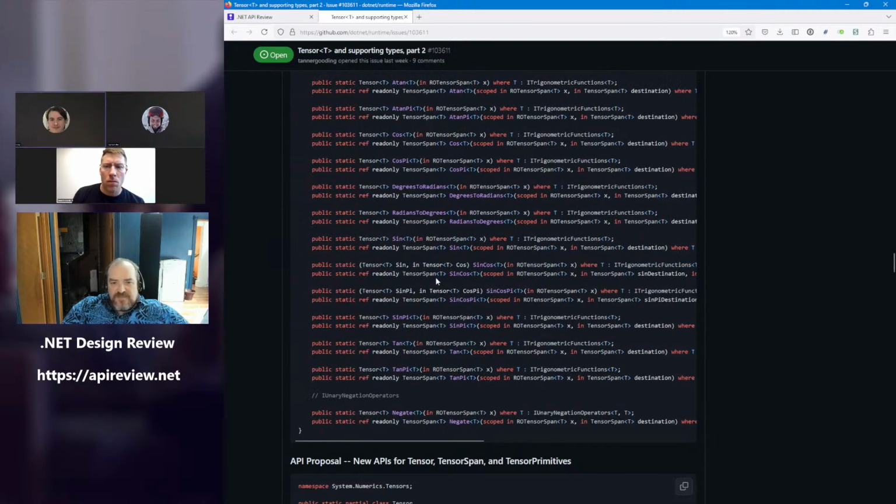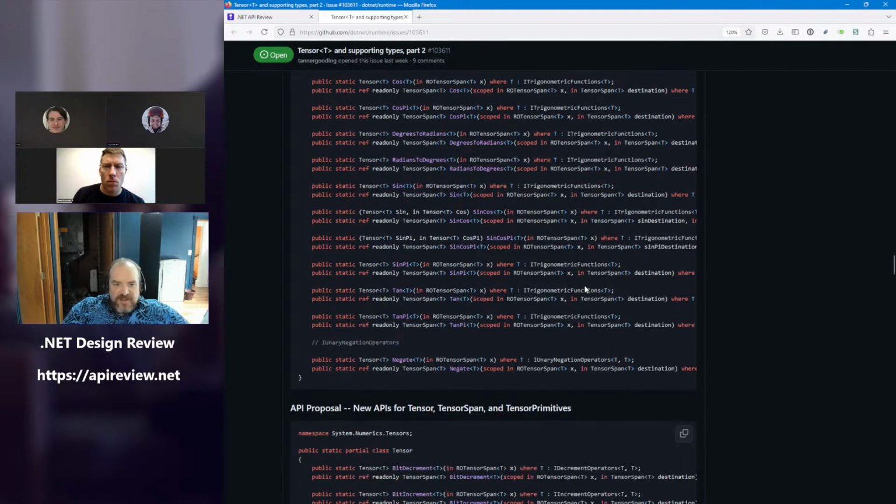So instead of returning ref read only, with the changes we've made, that should be a tuple of tensor span sine, tensor span cos instead of ref read only tensor span. Okay. Well, once I do the bulk copy and insert of this, I'll clean that one up.